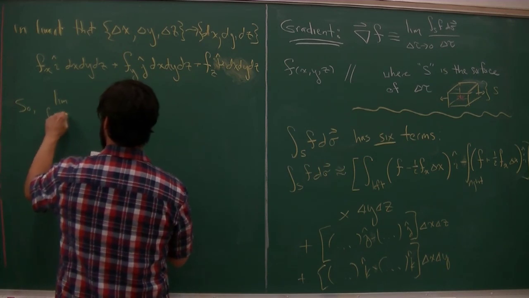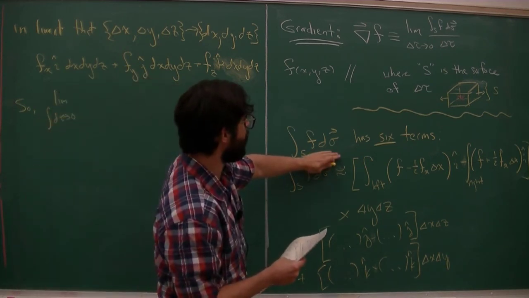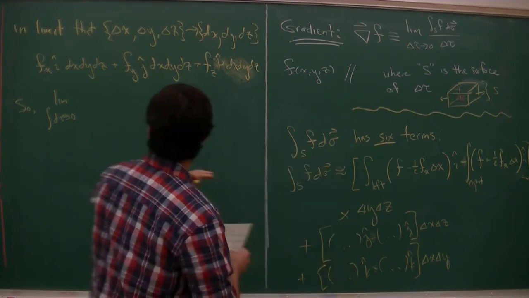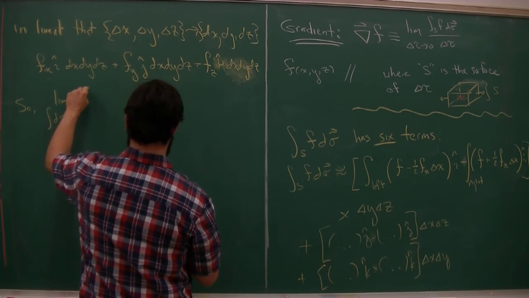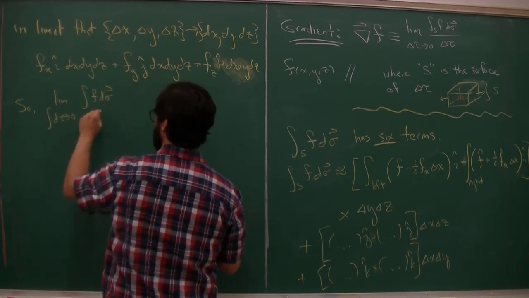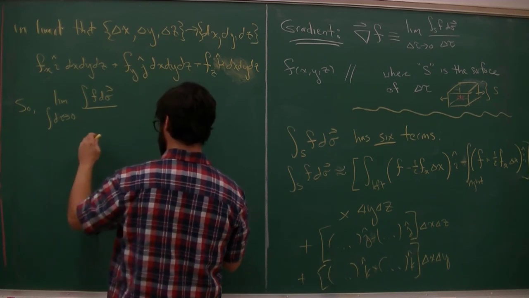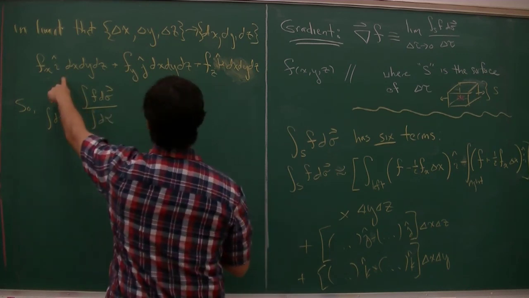And finally, remember that whole exercise was just evaluating the top part of this. Okay, so the top part of that, this integral f dot d sigma, which for a nice rectangular box has 6 terms. We evaluated them. We got this.